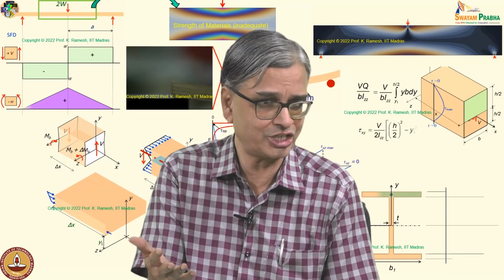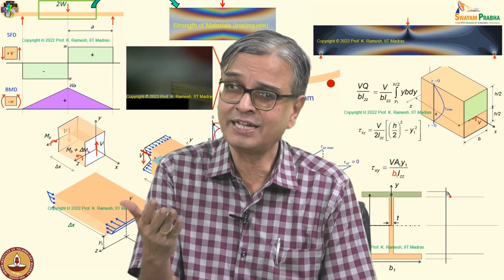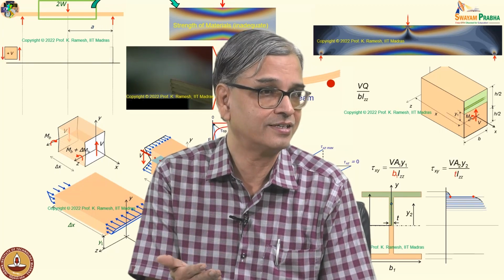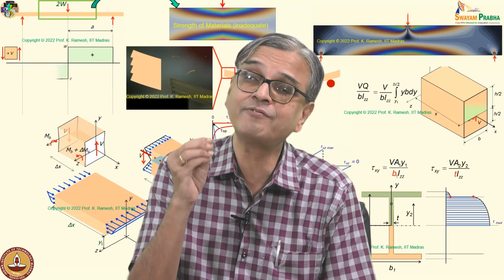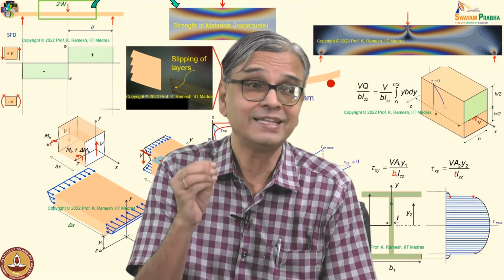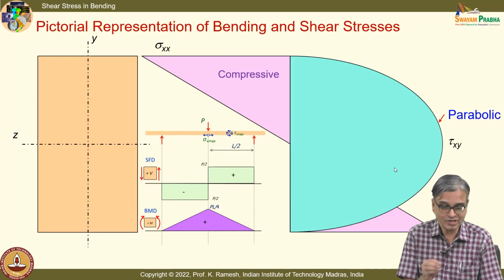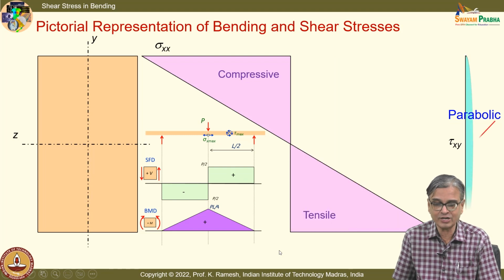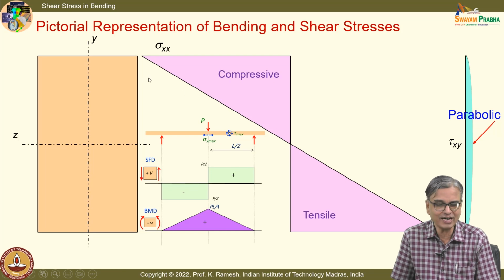When you look at a picture, it is the same thing I discussed when you are looking at the stress strain curve in the tension test. I focus that you have to give importance to the level of strain. On similar lines, suppose I plot to scale what the shear stress is, hardly anything. Look at this and look at this.